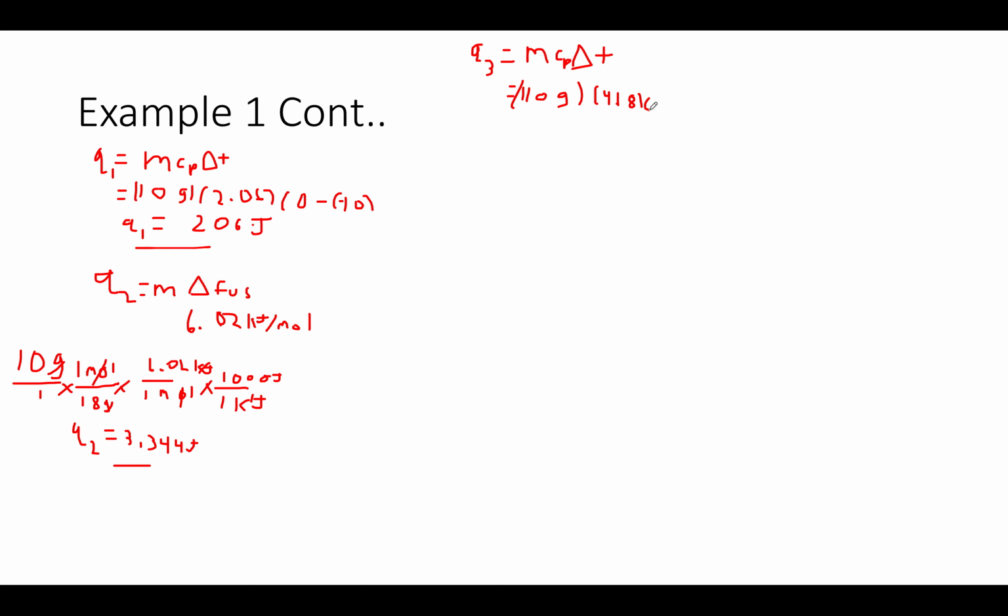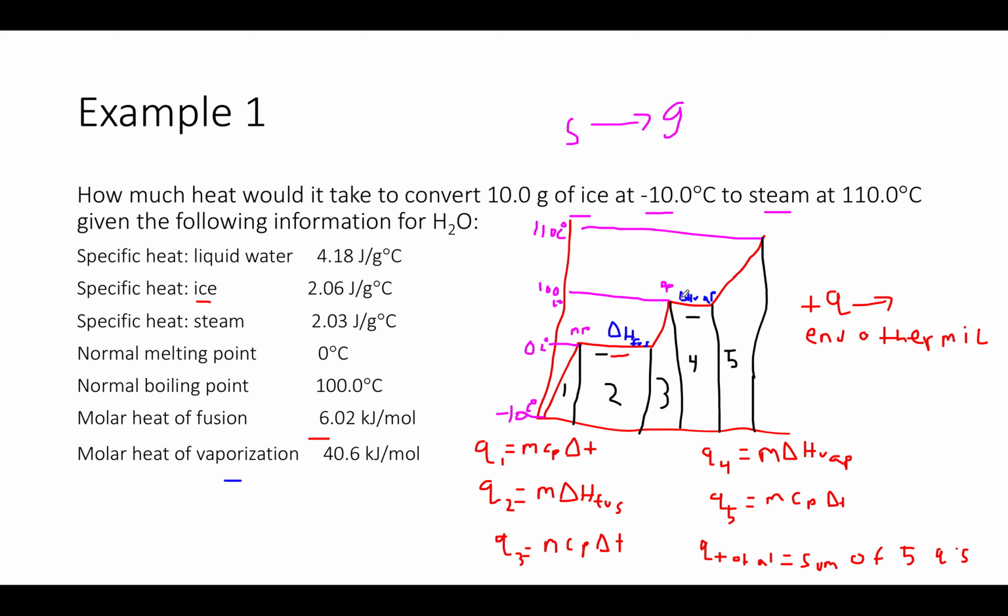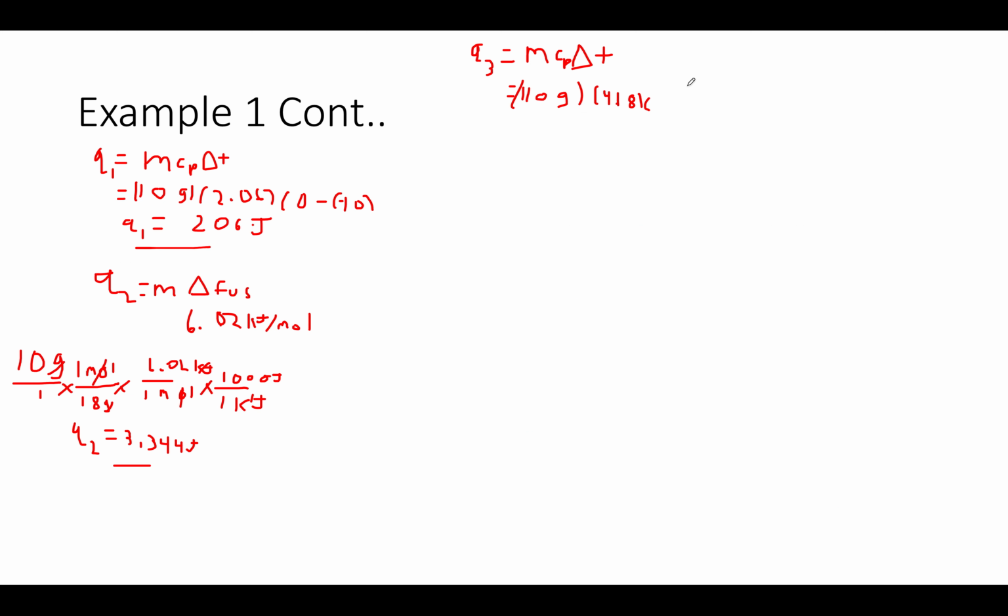Our change in temperature, 100. We're starting at 0 going to 100, so the change in temperature is 100 degrees Celsius. So Q3 comes out to be 4,180 joules. Big numbers, but all is good. So that's Q3. Notice that all our Q's are positive. It should be that way because it's an endothermic change.